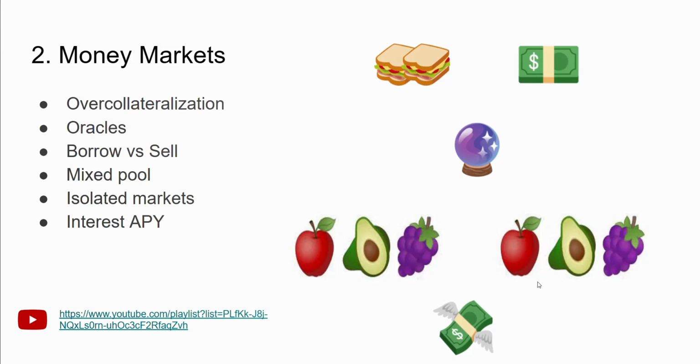But as more and more people borrow apples, everyone's APY starts to go up. It's called the utilization. The higher the utilization, the higher the borrowing, the less supply inside the market, the higher the interest APY. So this is something you need to monitor. If you just borrow some apples and say, oh, it's 3%, that's great.